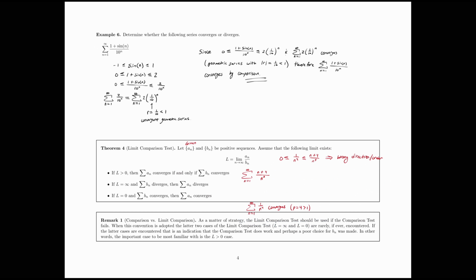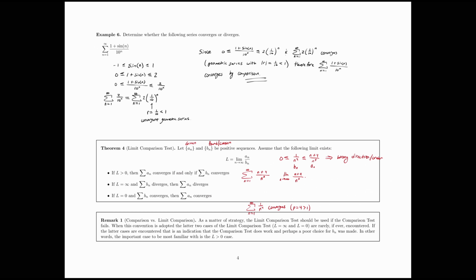Here our a sub n is our given sequence, and our b sub n is our chosen series term. So we want to calculate the limit as n goes to infinity of a sub n divided by b sub n.